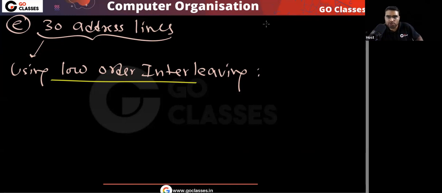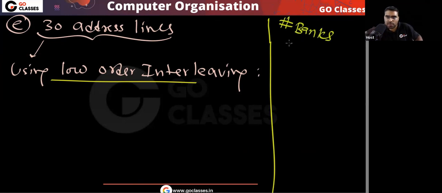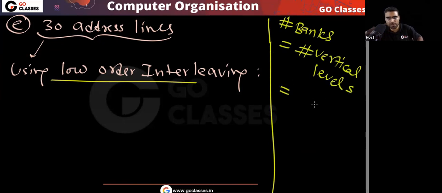First of all, how many bits do you need for bank select? How many banks are there? Number of banks means basically vertical levels. The number of vertical levels is 32.